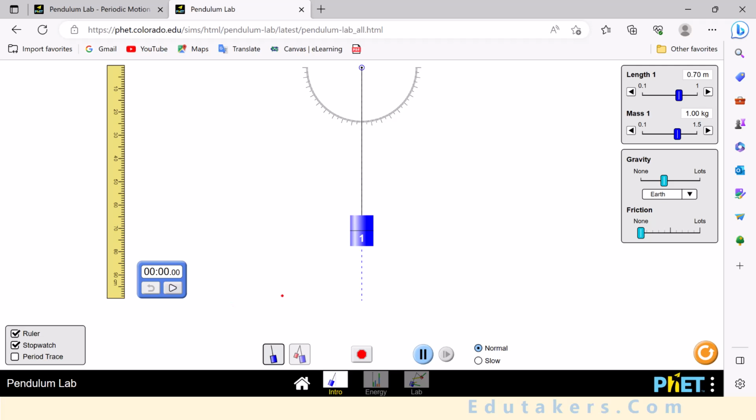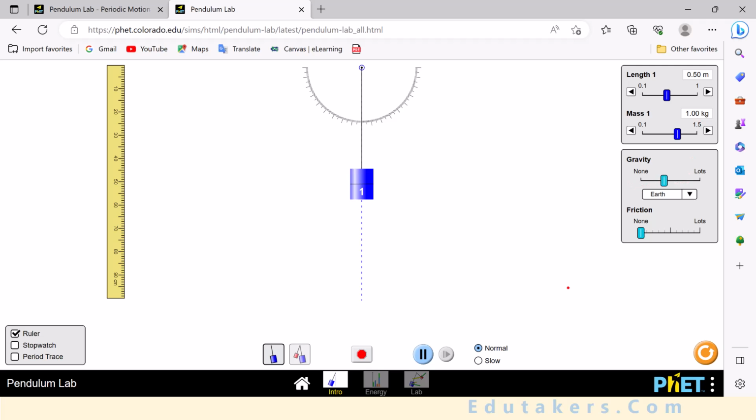So here we will see what the effect on the time period of the simple pendulum would be when you change the length, mass and the value of gravity. Let's suppose initially the length is 0.70 meter. I decrease it, now the length is 0.50, and the mass is again 1.00 kilogram.